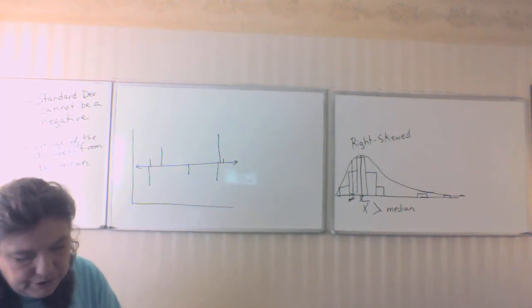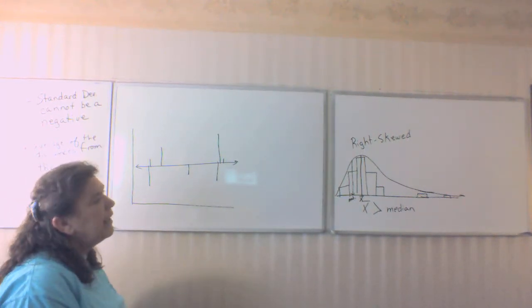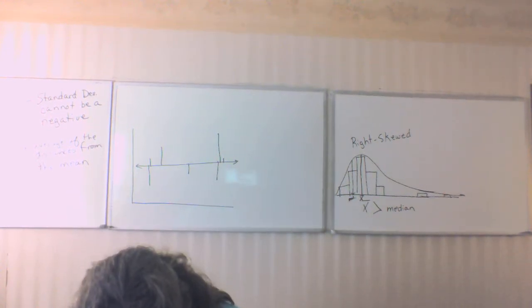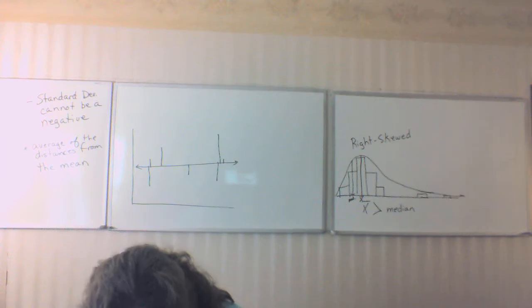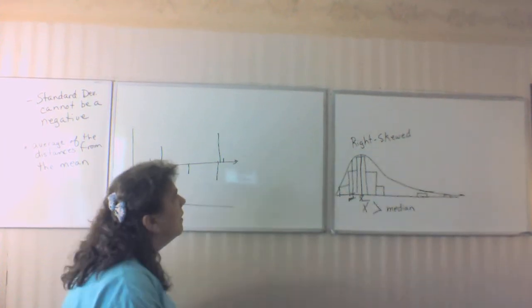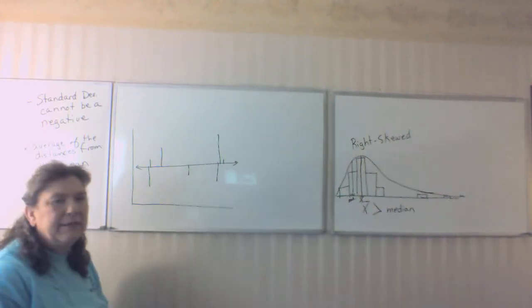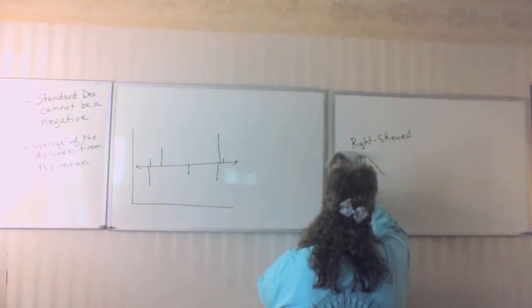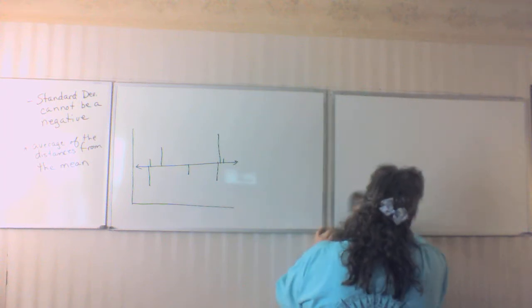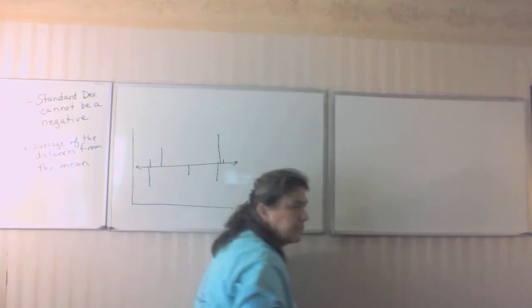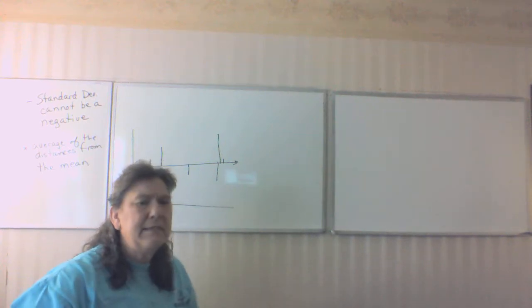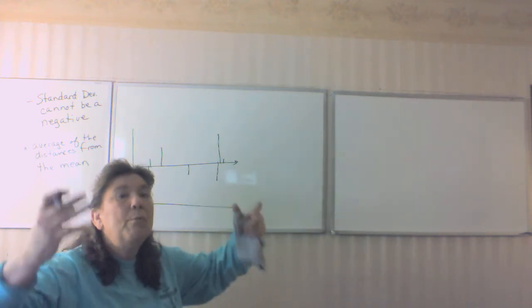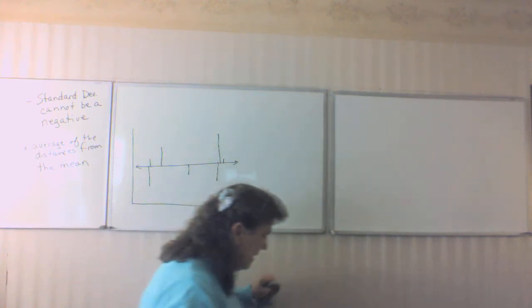Instead, what we're going to do is look at how this affects certain things. We're going to look at what is called the empirical rule. The empirical rule is a rule that says when you are so far from the mean, then so much of the data points lie within that amount.